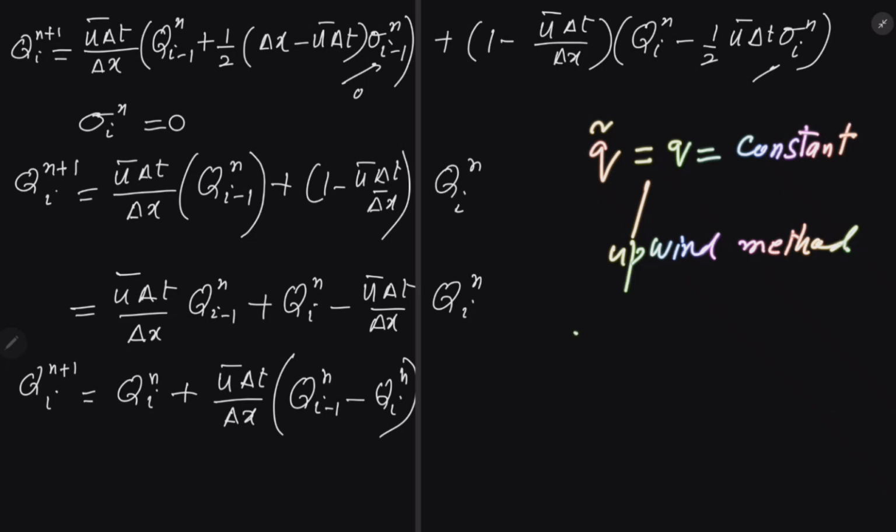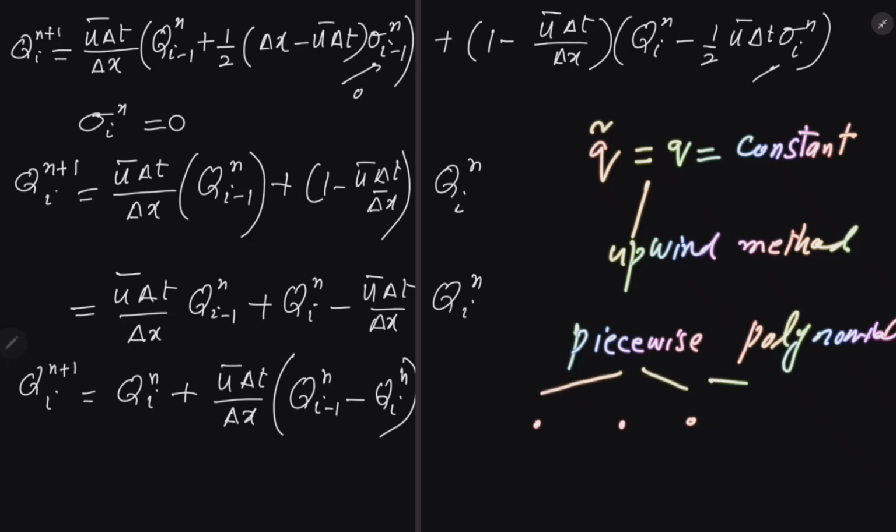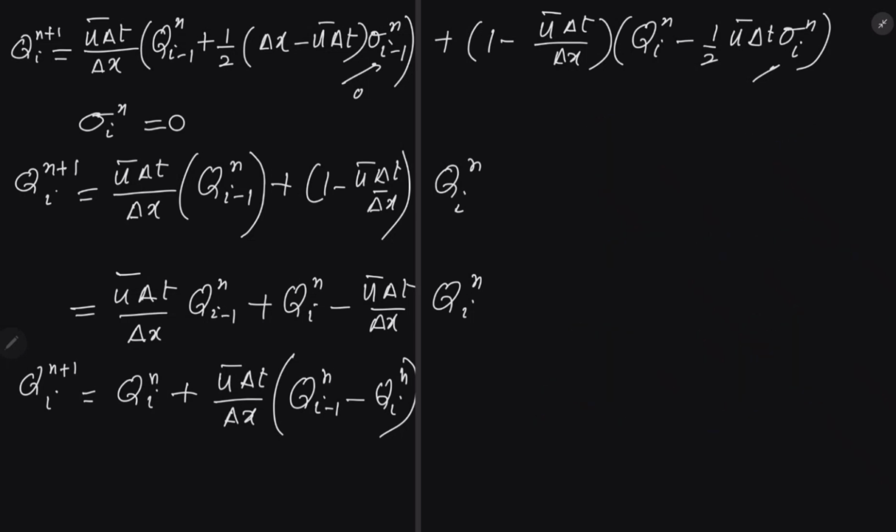When we have a piecewise polynomial, why do we need a piecewise polynomial? The reason is we have different cells. In each cell we define a different line. That's why it is called a piecewise polynomial. So you can learn that sigma_{i-1}^n and sigma_i^n are the slopes, which change the method.